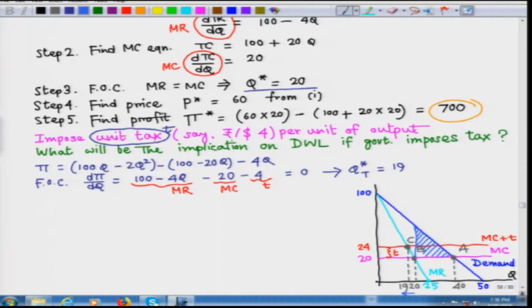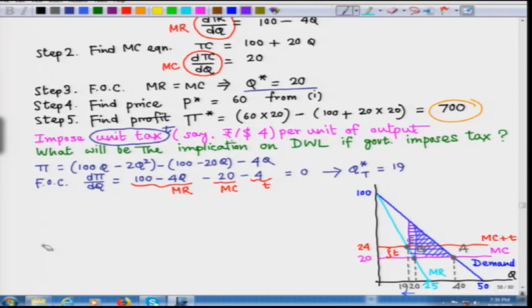So, basically the deadweight loss area increases, and now the increased deadweight loss area is given by this triangle shaded by these purple lines, right.